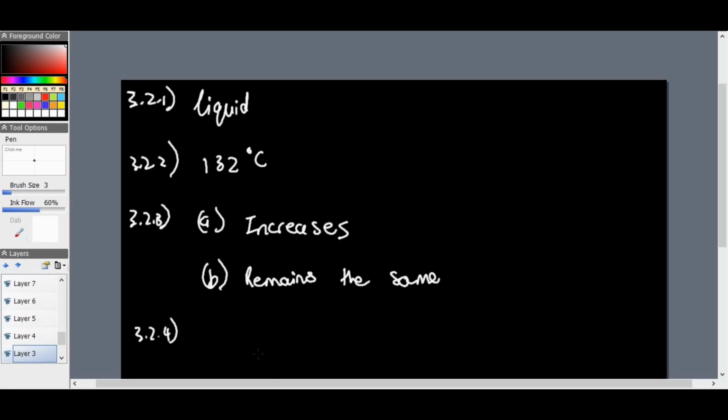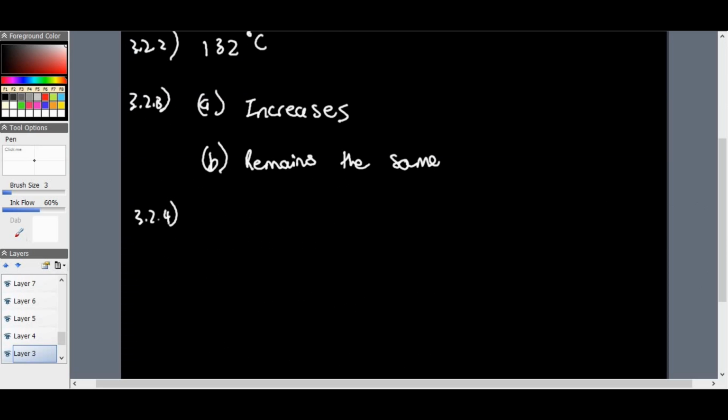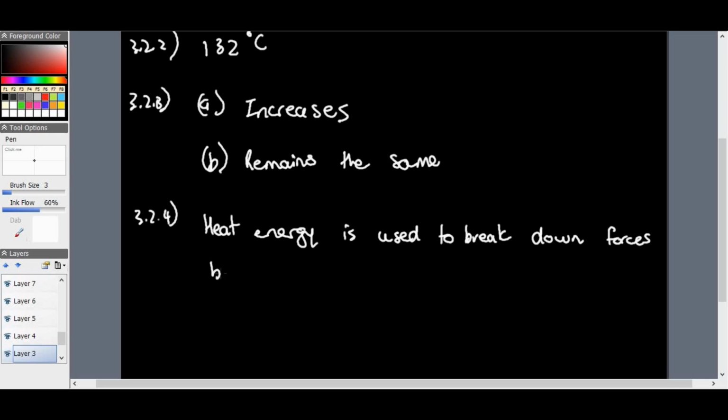Basically, we know that heat energy is used to break forces between particles.